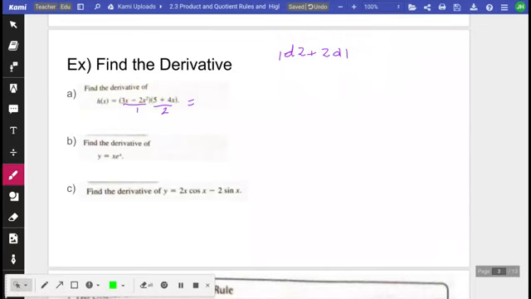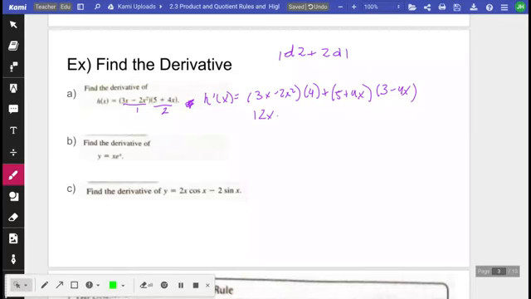So the first derivative is equal to the first function times the derivative of the second function plus the second function times the derivative of the first function. Keep in mind those derivative rules we learned in the previous section.